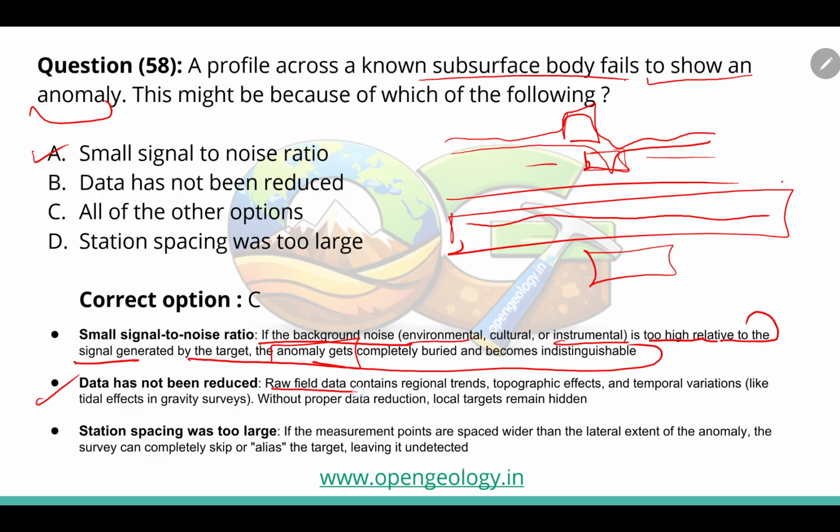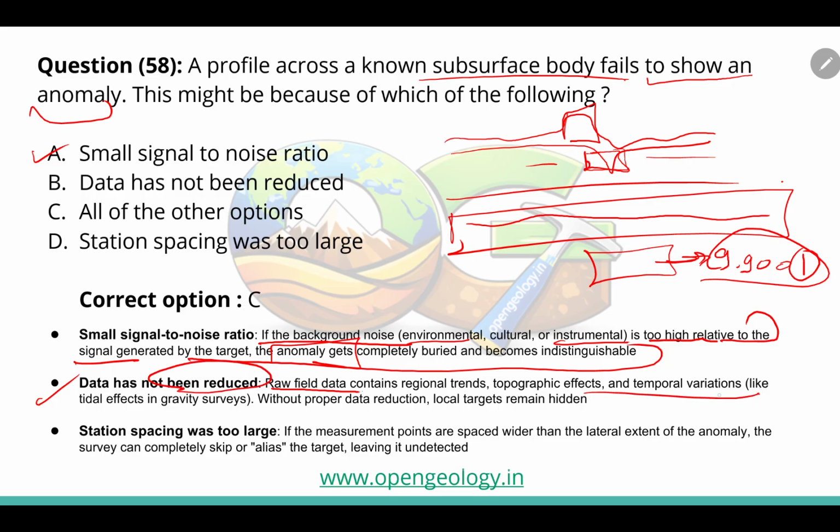Sometimes raw field data contains the regional trends, like let's say regional gravity value is 9.9, and the anomaly which you are expecting is 9.90001, a slight change. So we have to reduce it to an optimal level.